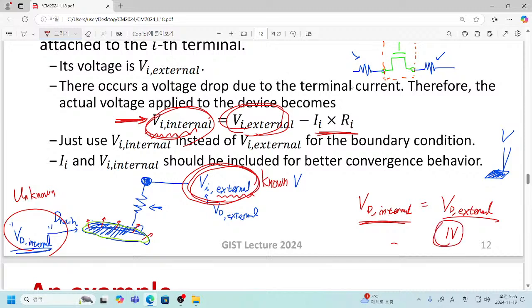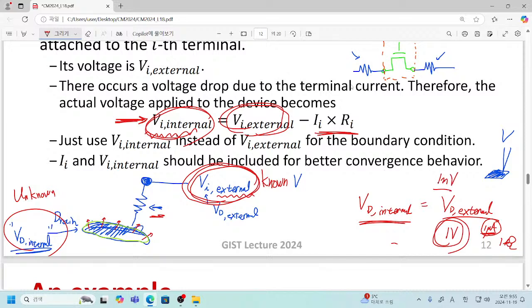Although you apply 1 volt, let's say you have 1 microamp as your drain current, and internally if you have a resistance like 1 kilo ohm, then the voltage drop across this resistive component becomes 1 millivolt.